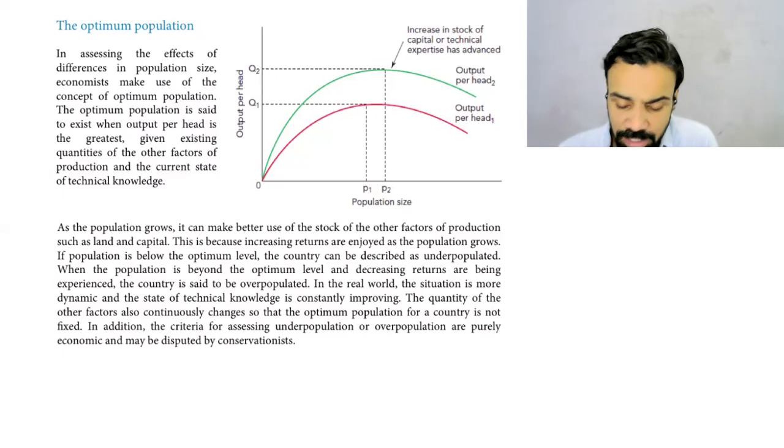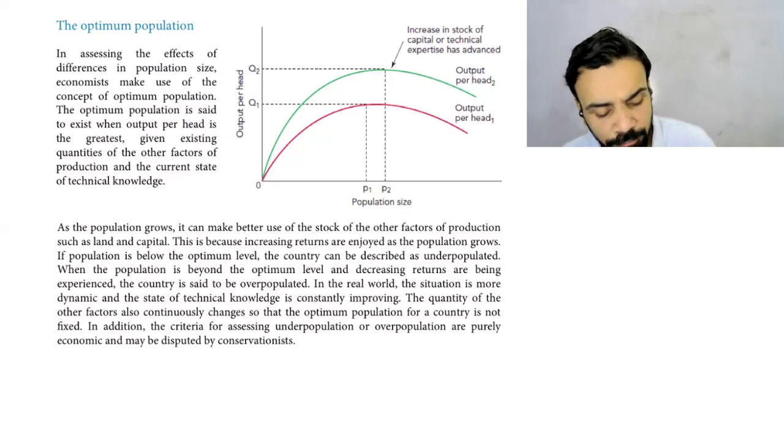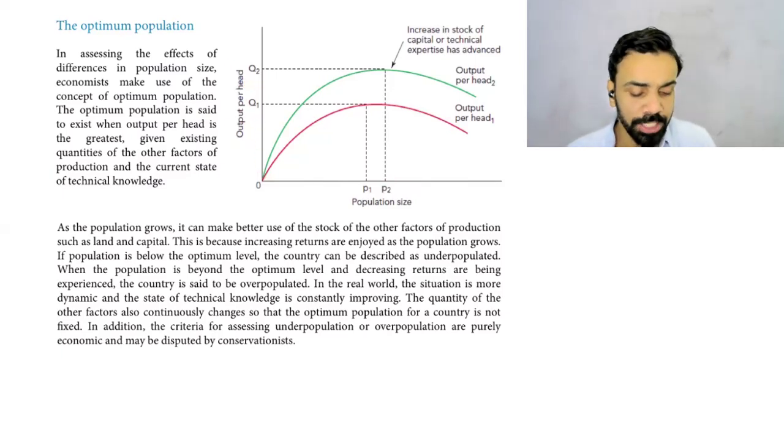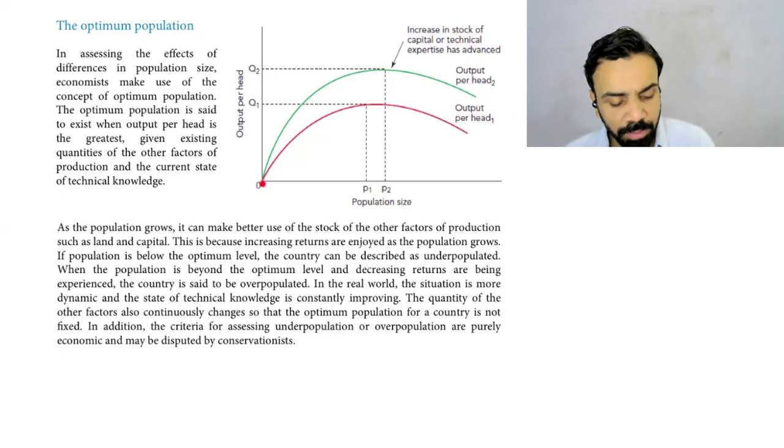So we talk about it this way: if you notice this diagram of the optimum population, you have population size on the x-axis and income per head. What it shows is that when a country's population is zero, there is zero output per head. But as the country's population size increases, the country can make better use of the factors of production that they have, like land and capital.